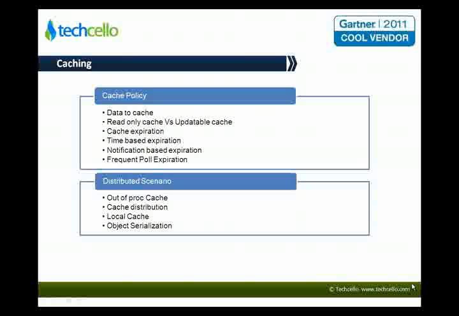If you are storing or altering a cache in machine A, machine B would be serving the next request, and it will have no clue of what has happened on machine A. So it becomes quite necessary to have a central cache for these systems. So you need to have distributed caching in a scaled out scenario.